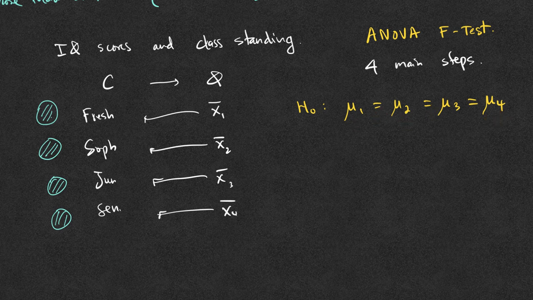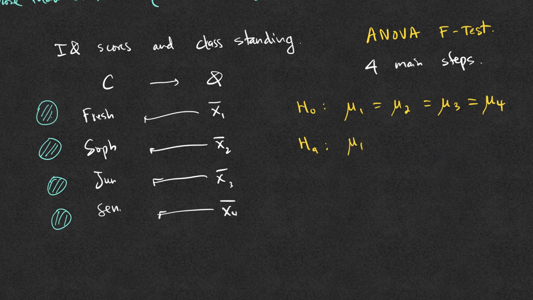When we conducted hypothesis testing before, the alternative hypothesis consisted of 3 cases: less than, not equal to, or greater than. But for the ANOVA F-test, the alternative hypothesis is simple. In the null hypothesis, we assume that all mu's are equal. In the alternative hypothesis, we state that not all mu's are equal.